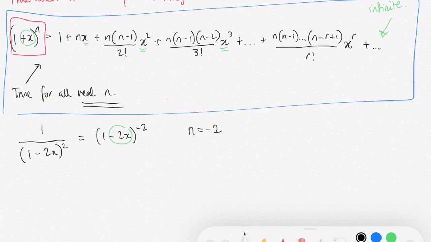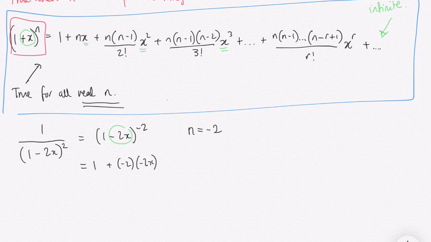So let's go ahead and do this. What do we get? Well, we get equals to 1, and then we have nx, which is negative 2, multiplied by negative 2x. Then we have n times n minus 1, so negative 2 and negative 3, divided by 2 factorial, multiplied by negative 2x squared, and those brackets are important.